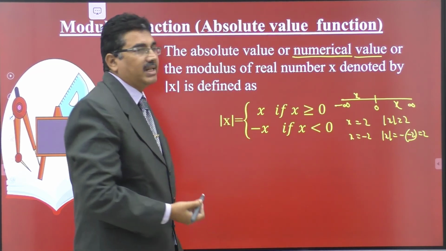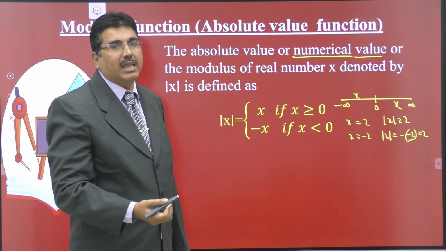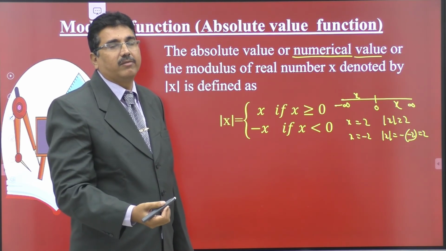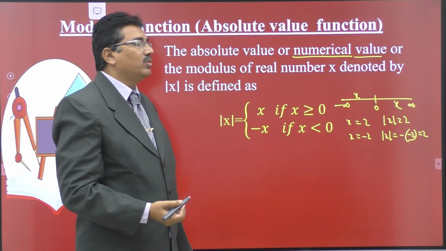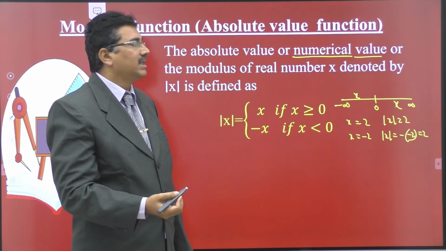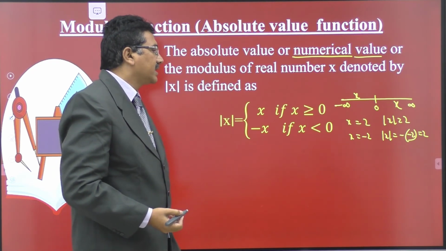It indicates that 2 and minus 2 are equal distances from 0. Both 2 and minus 2 are equidistant from 0. This is mod x.